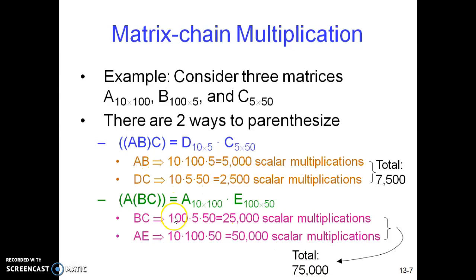The resultant matrix is the same, but the cost is different. In this way it is 7500, but when we multiply this way, the total number of multiplications is 75,000. That means the better case is if you use this technique, this way.